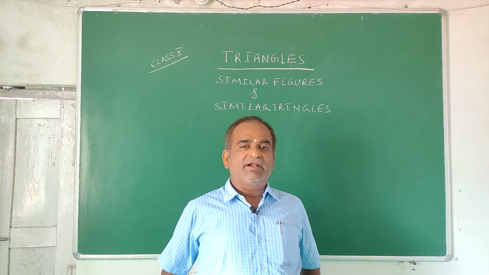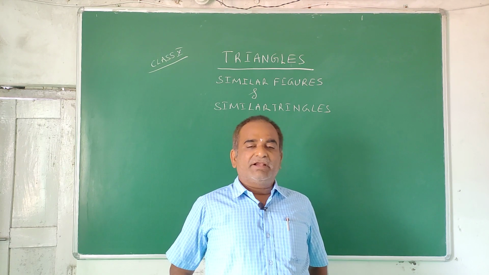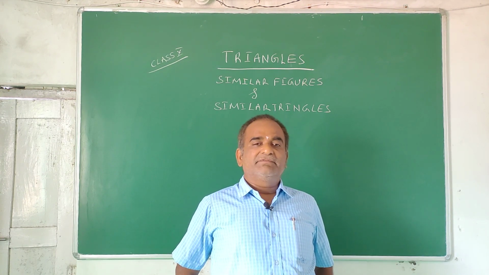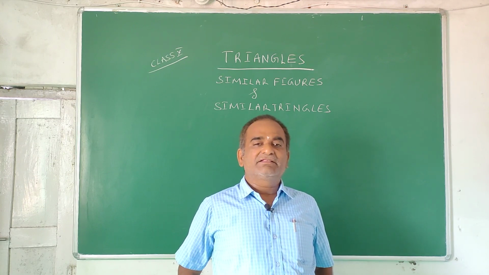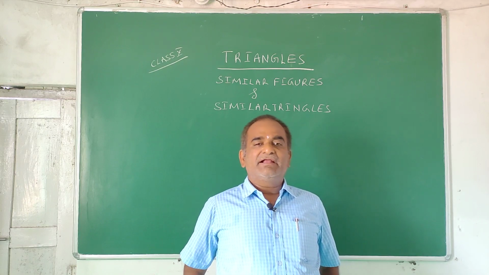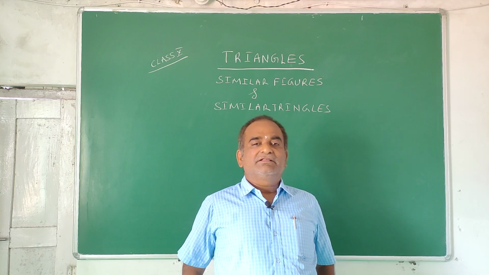See, two geometrical figures are said to be similar figures if they are same in shape but different in size. Same in shape and different in size. So this is similarity.